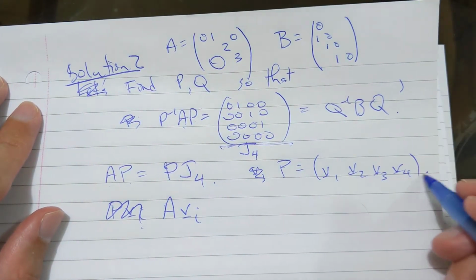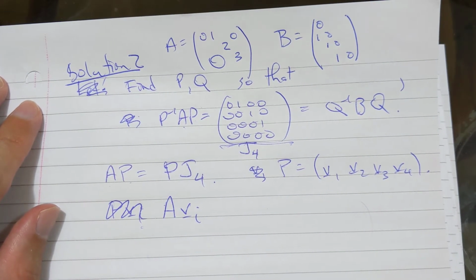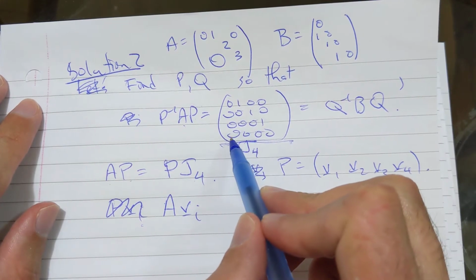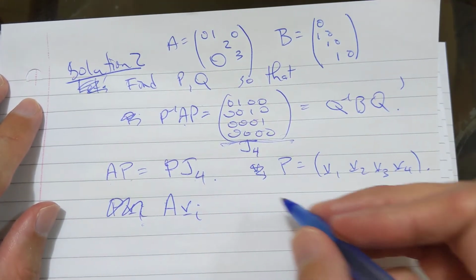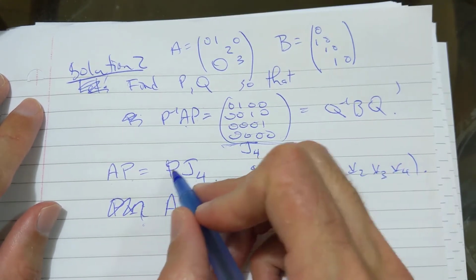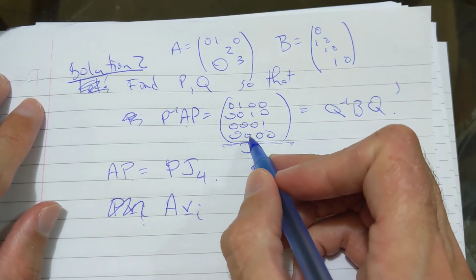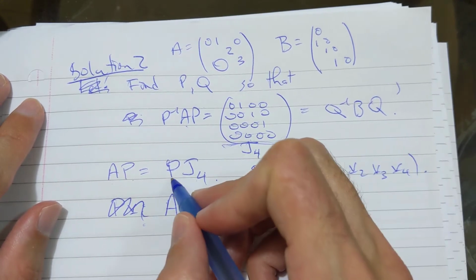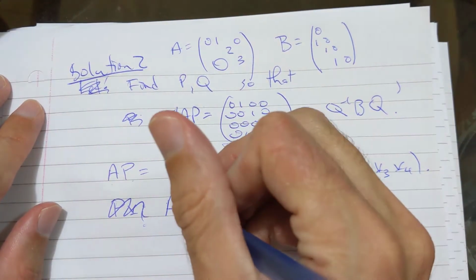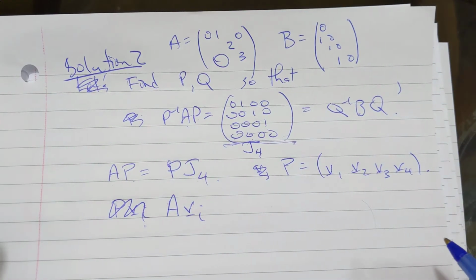The columns of P are V1 up to V4. The first column of PJ4 is 0. The second column is the first column of P, and so on.